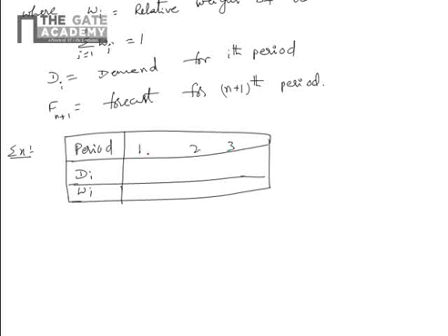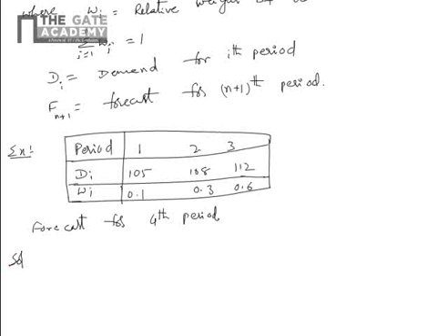Periods 1, 2, 3, with demands of 105, 108, 112. For the weightage, the recent value, the third period, has the highest weightage. Generally you will have more values, but here we have taken a simple example to understand the concept. So what is the forecast for the fourth period?